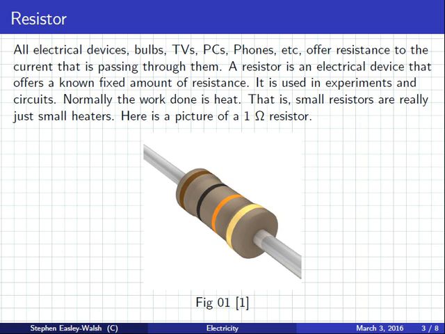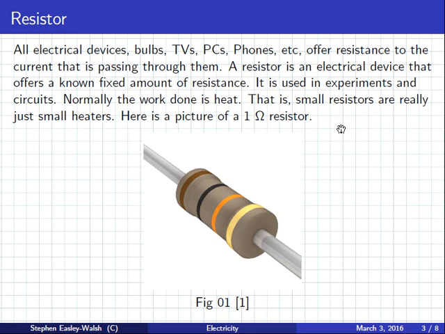For example, maybe we want to change the voltage and we have too much voltage. We could use one of these to reduce the voltage. For example, this provides 220 volts, whereas maybe the TV needs only like 20 volts. Anyways, we will see it later, don't worry.